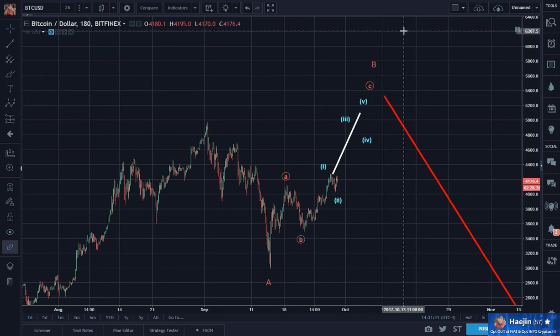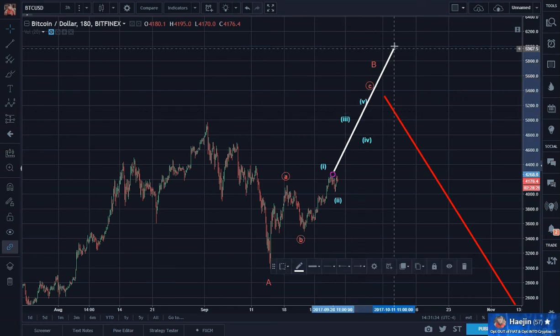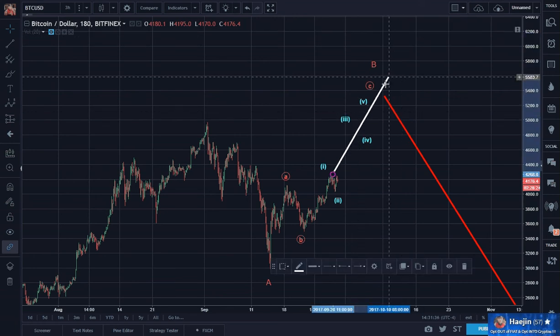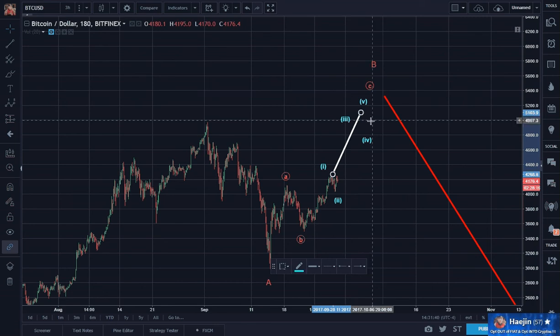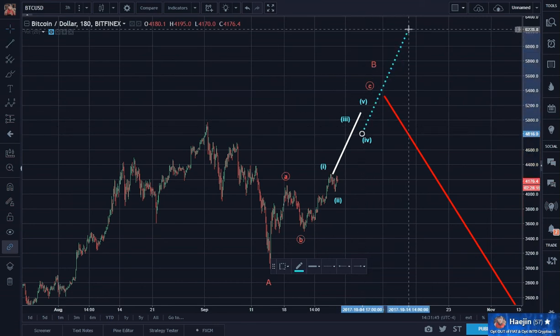How can it go to 60-something hundred? Wave 5 can extend. This fifth, from 4 to 5, can extend.